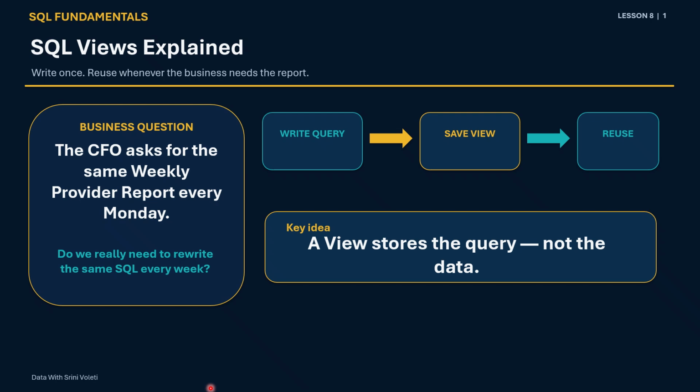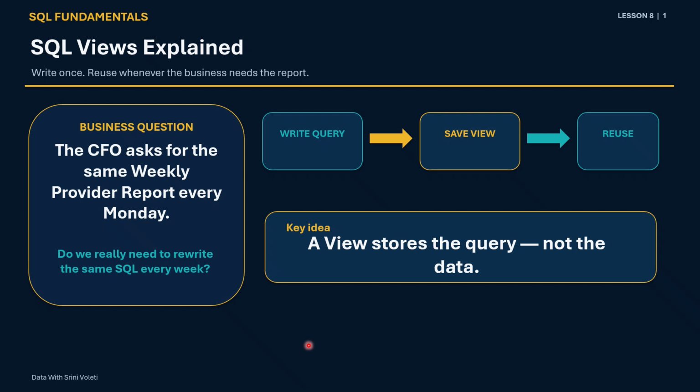So our beginner definition is: a view is a named reusable select query that behaves like a virtual table. Our deeper professional definition is: a view can act as an abstraction layer between a raw database structure and the people, reports or applications that consume the data. We'll start with a simple idea and gradually widen our horizon.